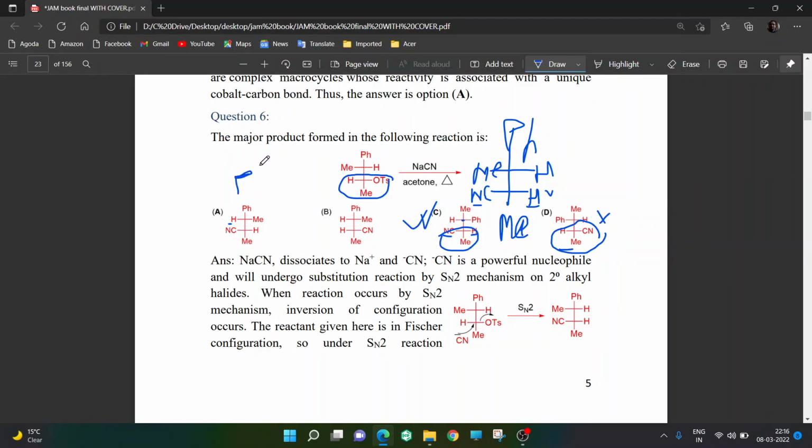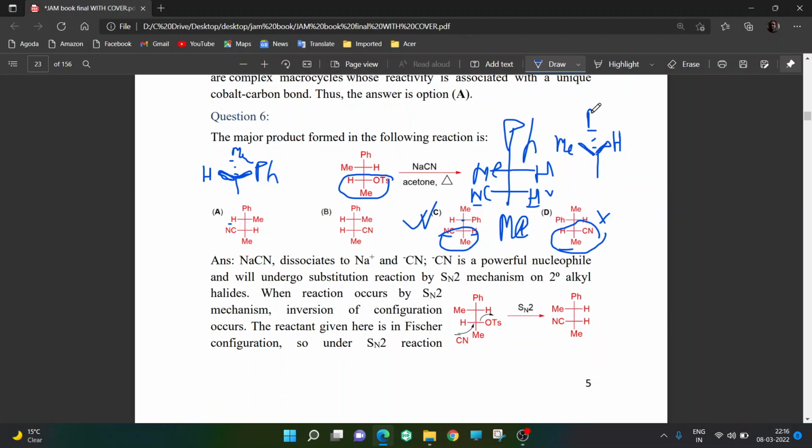This is the Ph, this is the H, and what we have behind is Me. So this bond is here and this H is on top, Me is also on top, towards the viewer, and this Ph is away from the viewer.